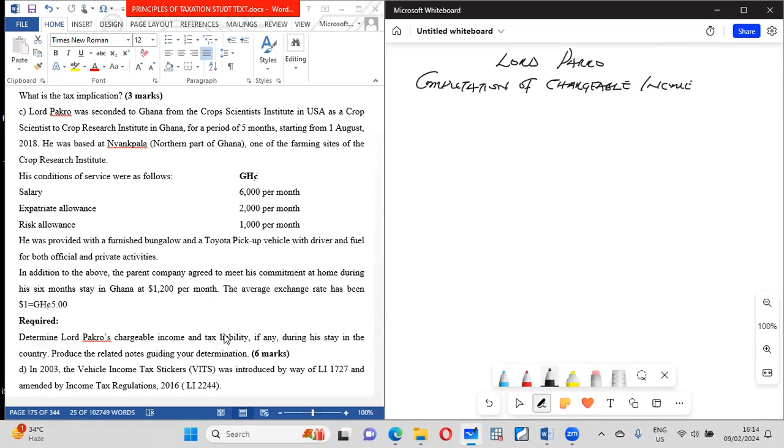And you are also asked to compute his tax liability. So chargeable income for the year and tax liability.